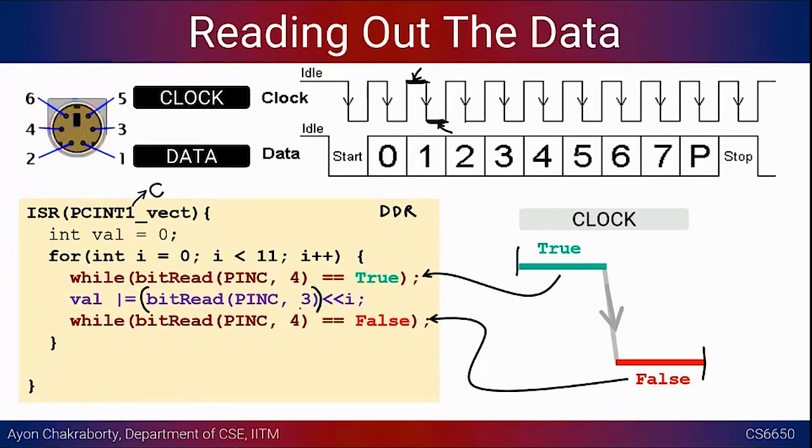Depending on which instance of the clock this is, if it is the nth clock pulse, we are left shifting this bit by n positions, and then doing a logical OR with val. So at the end of the loop, when the loop has completed, we will get all 11 bits inside the variable val.